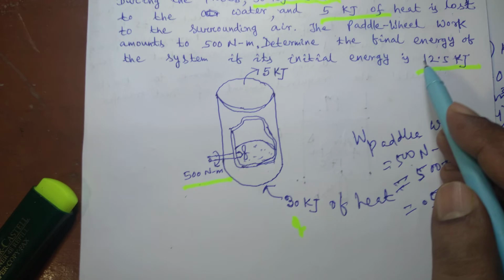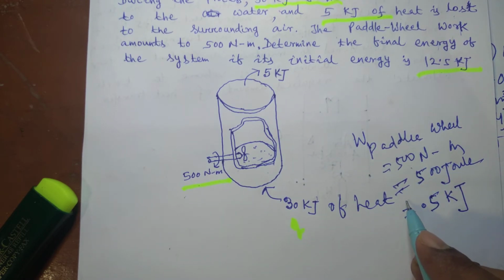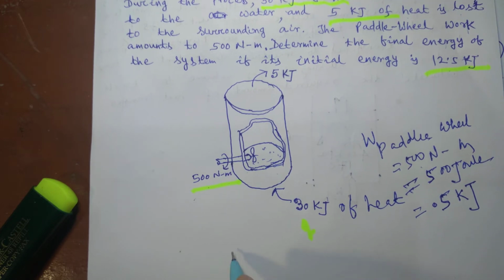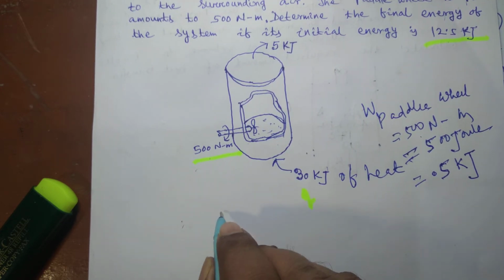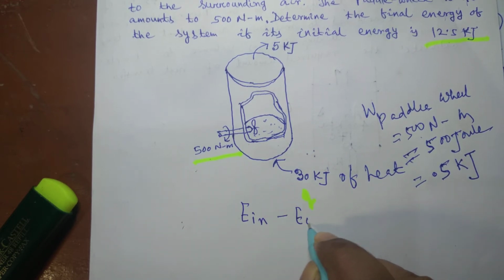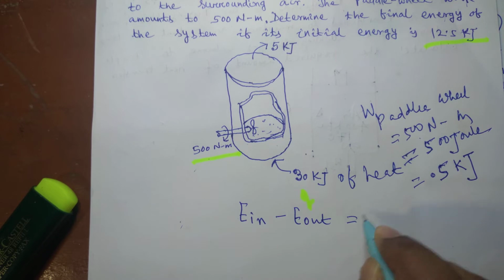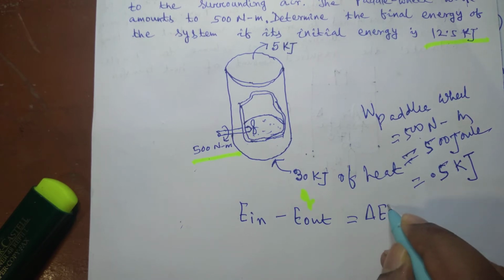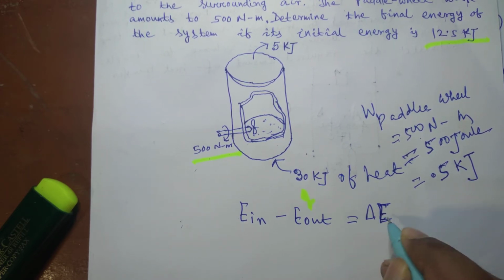What happens, whether the energy increases or decreases, energy of water. What happens to the energy of the system? So we may apply the energy balance equation, which is nothing but E in minus E out is equal to delta E, which we have studied. That is the energy balance equation.